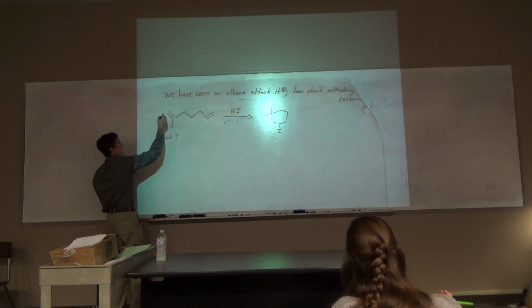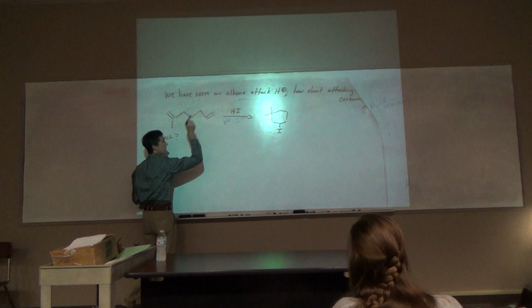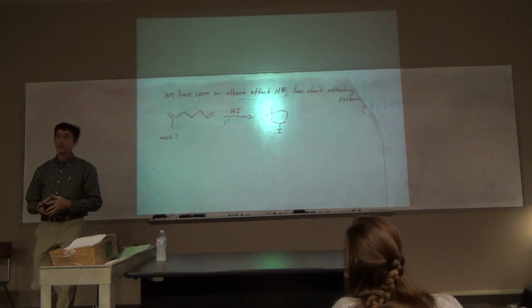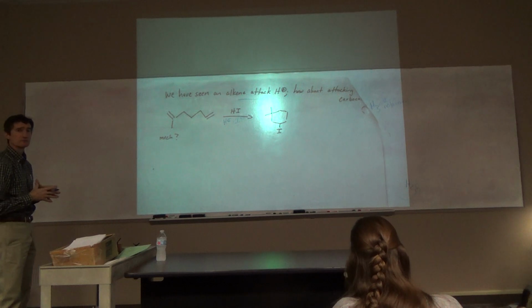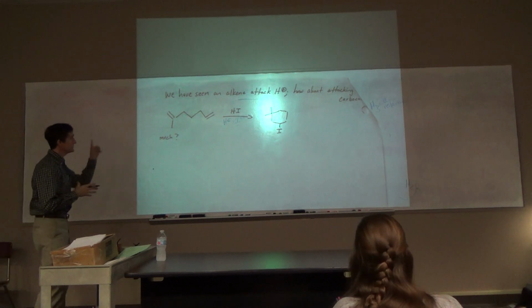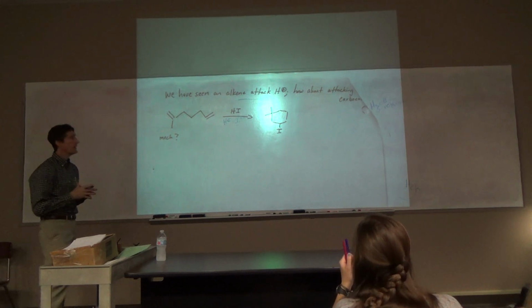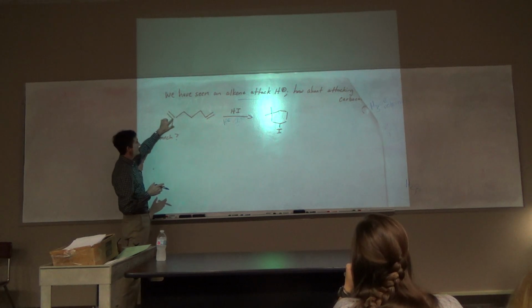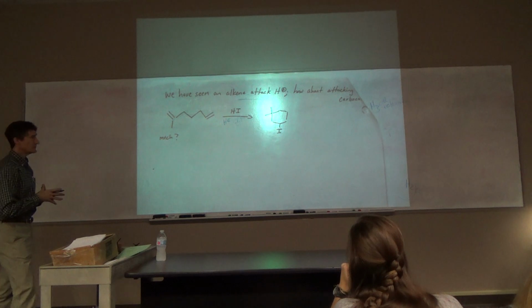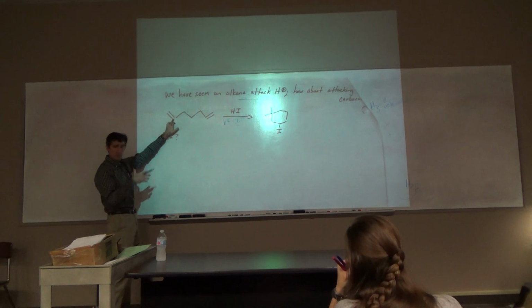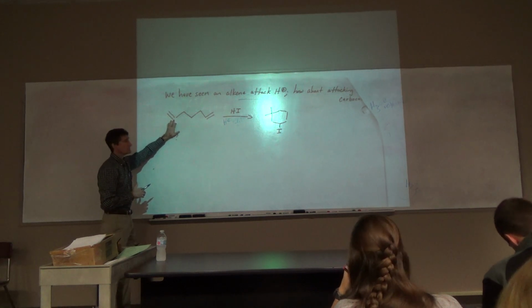Do you want to put the cation here, here, here, or here? What's the best place to put the cation out of these four alkene carbons? 1, 2, 3, or 4? 2. Yeah. The cation here would be best. It would be lowest in energy. And thus the transition state leading to the cation here would probably be lowest in energy.